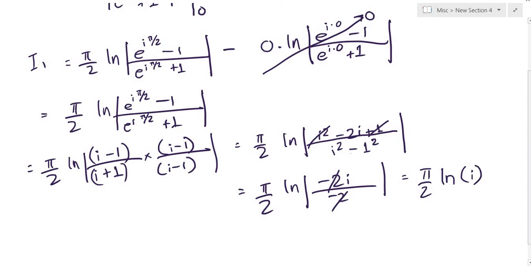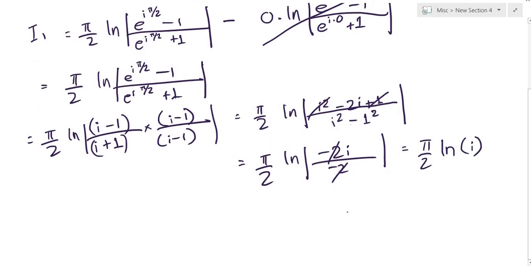We don't need the absolute values now. But what's i? We can just refer back to our Euler's identity to know that i is nothing but e raised to i times pi over 2.